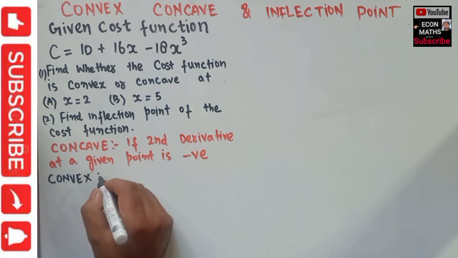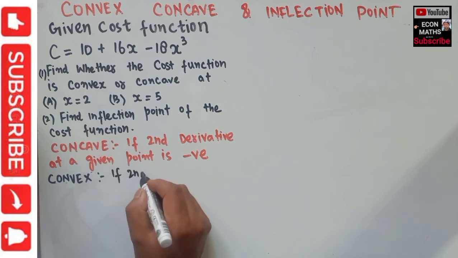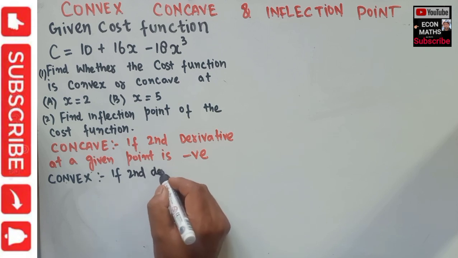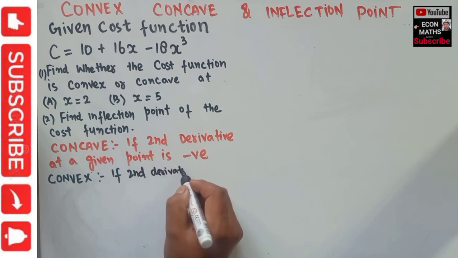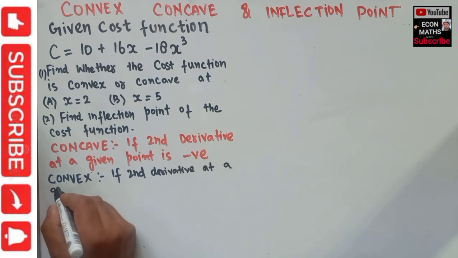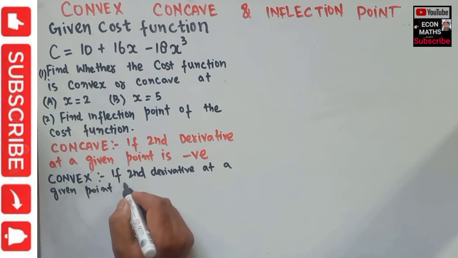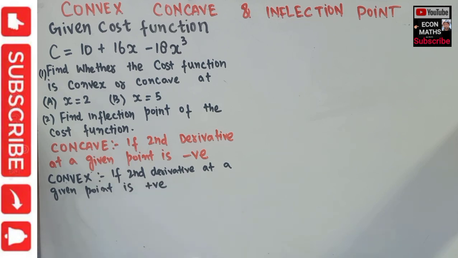A function is said to be convex if the second derivative at a given point is positive.